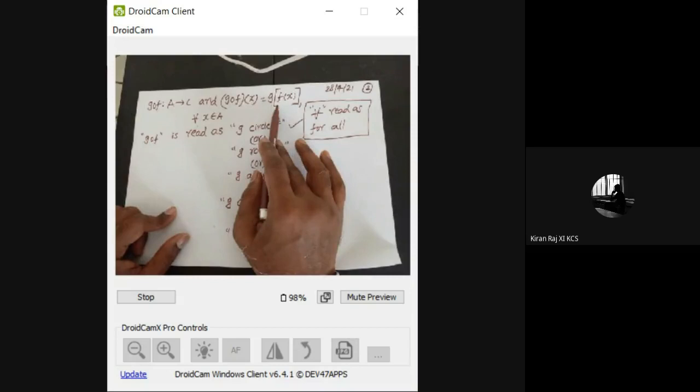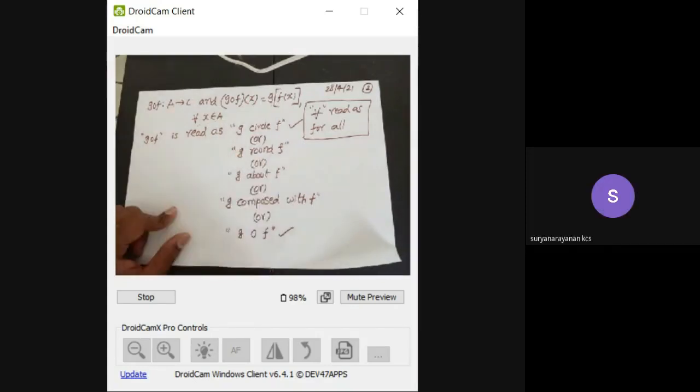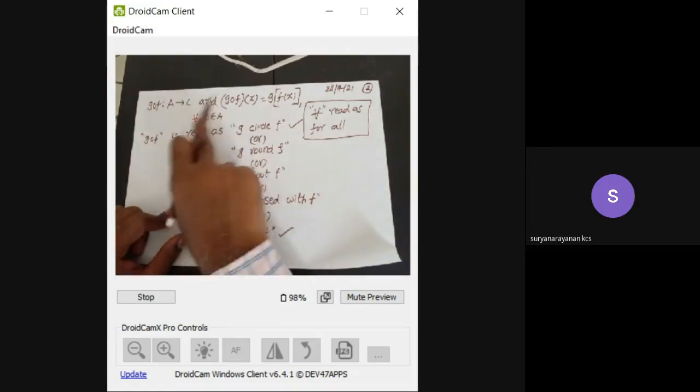G of F of X for all X belongs to A. Okay, Kiran Raj, listen carefully. Some little bit errors are there. Rectify next.